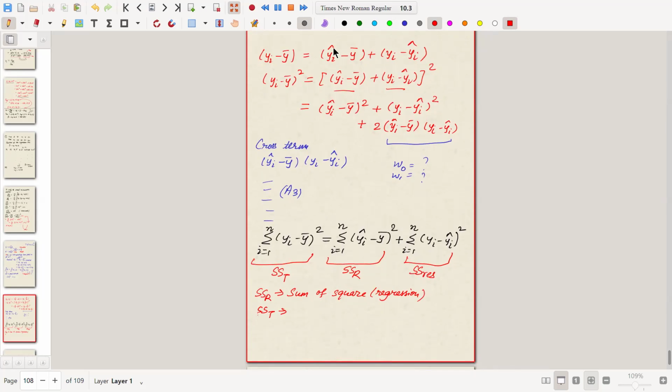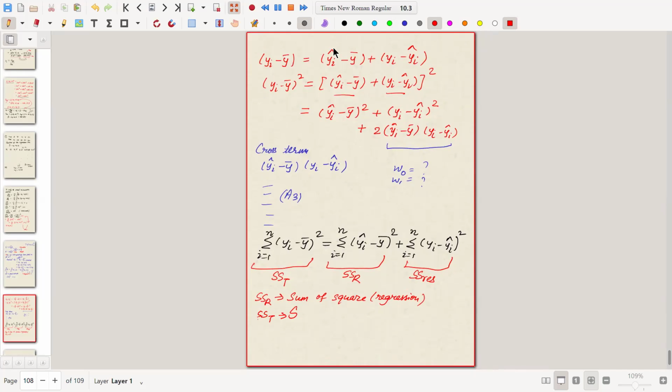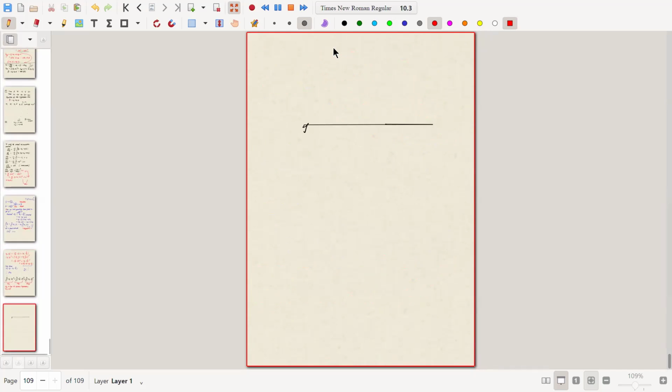What is sum of square total? Let me erase this. Anyway, I will write it fresh.